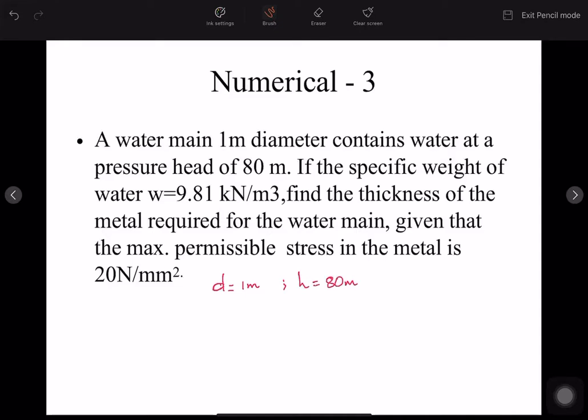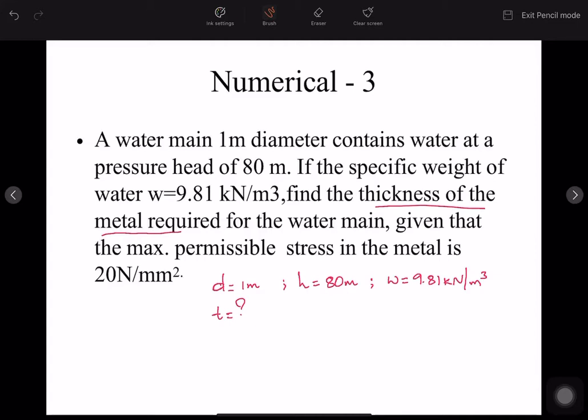If the specific weight of water is 9.81 kilonewton per meter cube, find the thickness of the metal required for the water main.